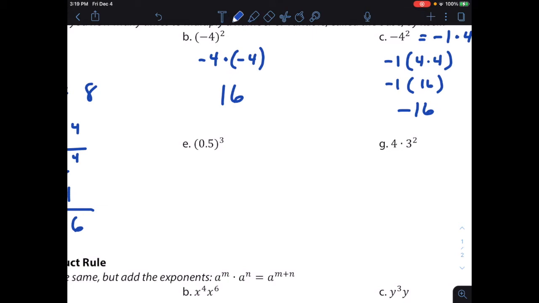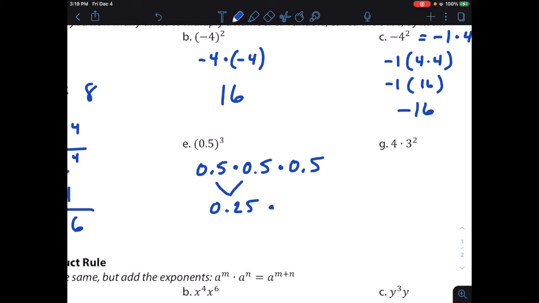And so we have 0.5 to the third power, so we have 0.5 times 0.5 times 0.5. Okay, so this is basically saying 0.5 times 0.5, well, that's 0.25. Another way to think about it is, what's half of a half? Well, half of a half is 0.25, or half of 50 is 25, so it's 0.25.